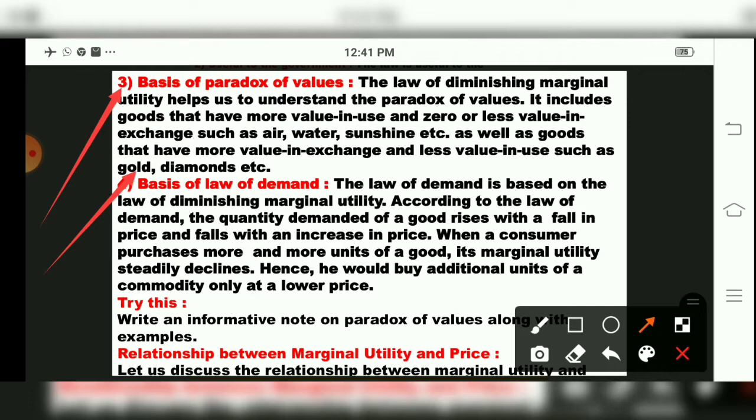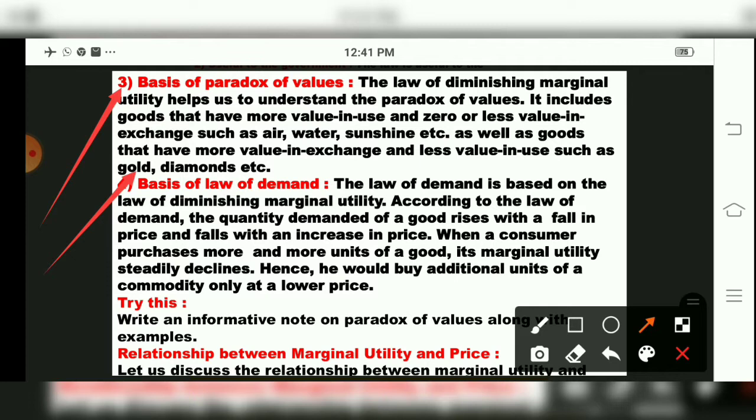So law of demand is based on this statement that the higher the price, the lower the commodity purchased, and the lower the price, the higher the commodity purchased, children. So law of diminishing marginal utility is also significant as the basis of law of demand.